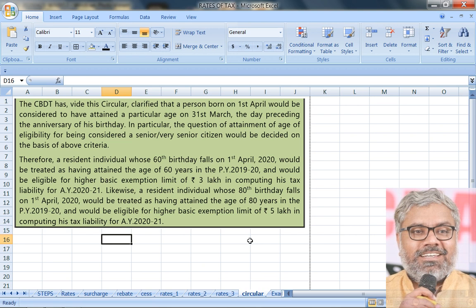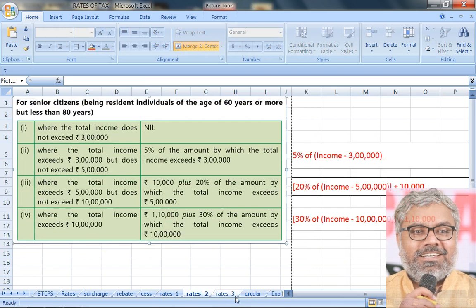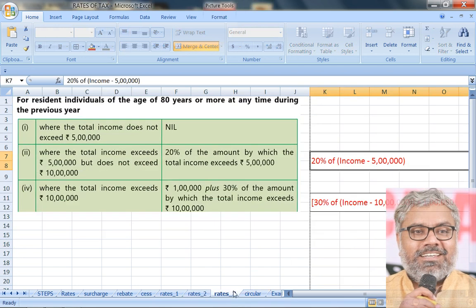So if any person attains an age of 80 years on 1st April 2020, rather than waiting for the previous year 2020-21, we will consider him as a super senior citizen for the previous year 2019-20 itself, because it is deemed that his birthday is not 1st April but 31st March. So from the assessment year 2021 onwards, he can continue to claim a higher exemption of 5 lakhs rupees. That is a kind of relaxation benefit, you can say, granted by CBDT. Of course, not to everybody.